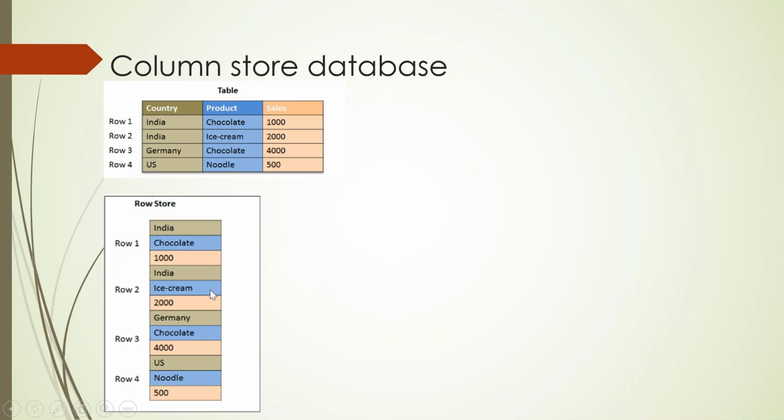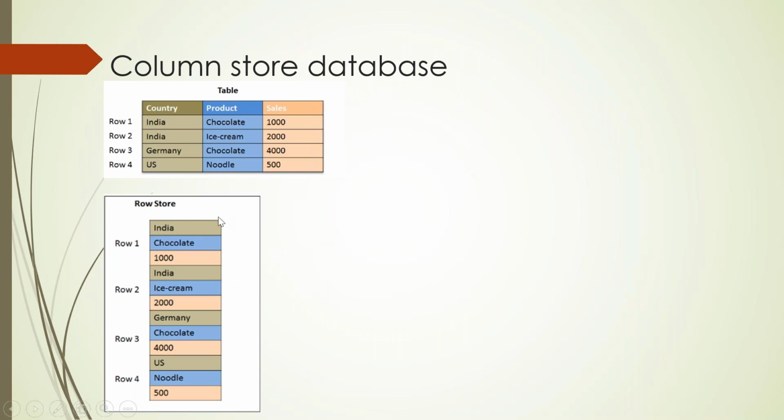Whereas if you want to perform a write operation in the row store table, you can add row 5 at the end. Whatever records you have, you perform only one write operation to insert row 5 into the row store table. So writing in the row store is cheaper, which requires fewer write operations.